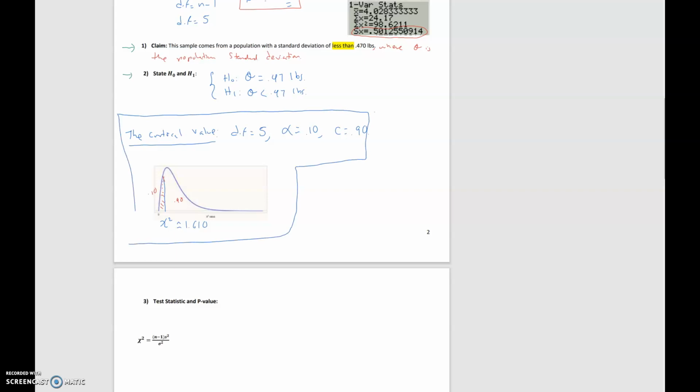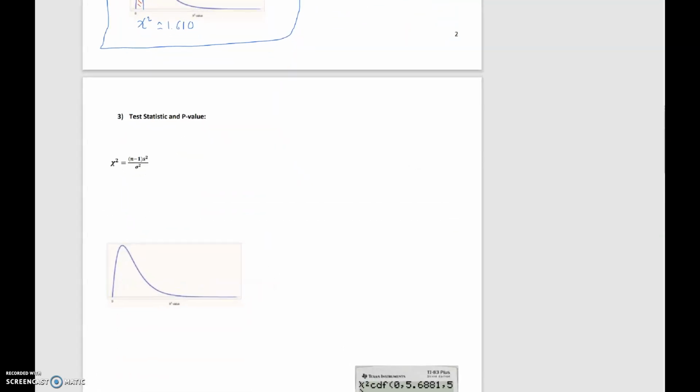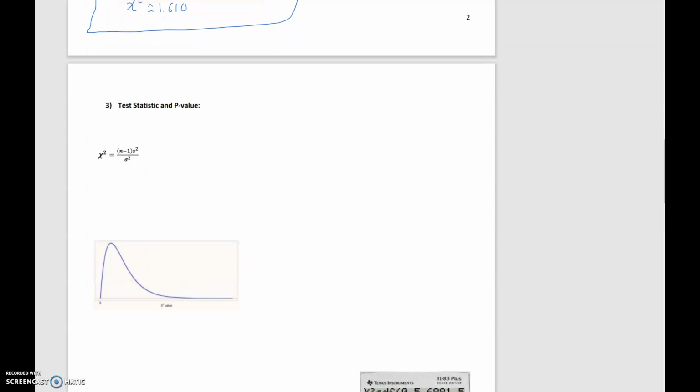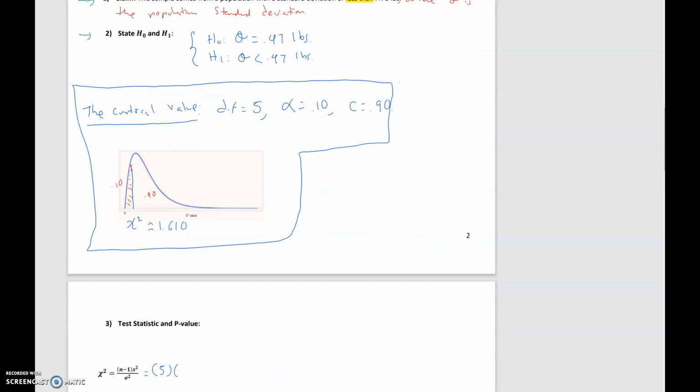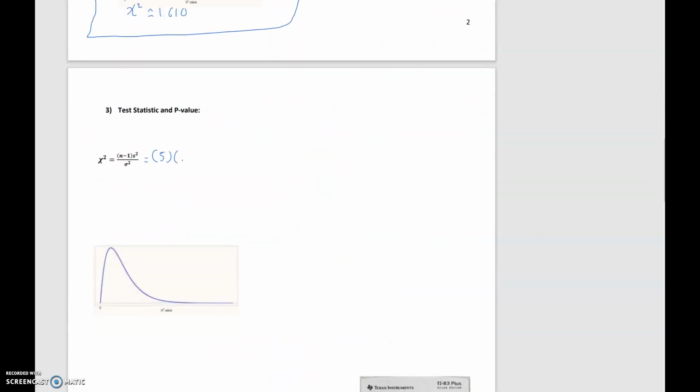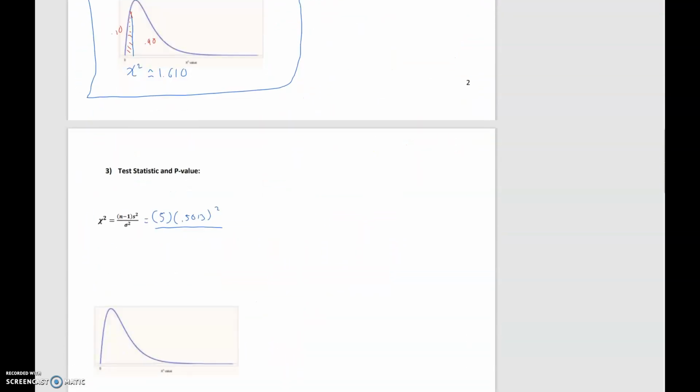Technically, when we're doing the p-value, we can jump directly to the test statistic. And that's going to be step number 3. So on our test statistic, this is going to be equivalent to 5, the sample standard deviation, 0.5013, and don't forget that that's a square, and then the actual claim contains the 0.47.